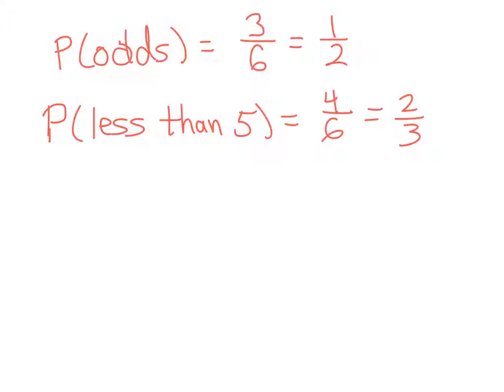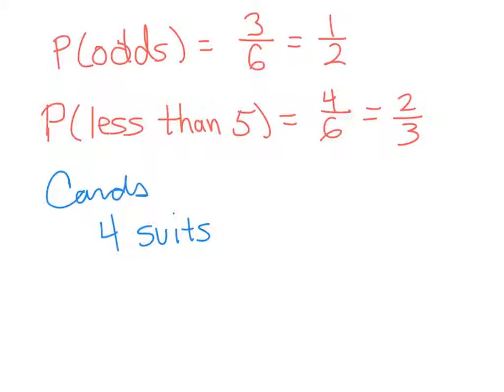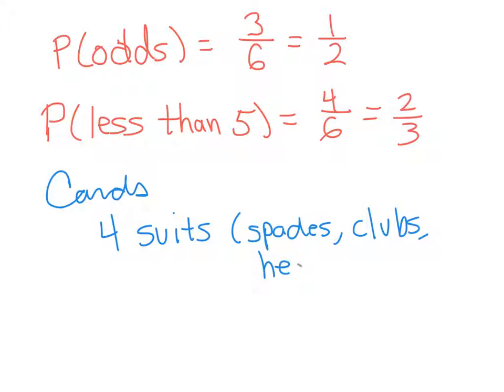And a lot of these examples that we'll be doing, or problems that we'll be working with, they deal with a deck of cards. So it's important to realize certain things about a deck of cards. First of all, if you have a deck of cards, you have 4 suits. Okay, you have spades, and you have clubs, hearts, and diamonds.